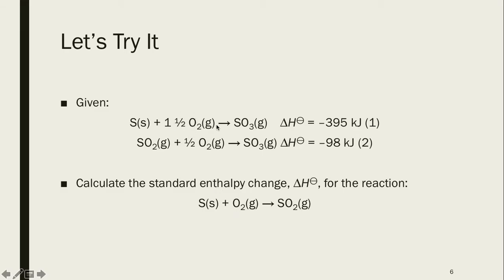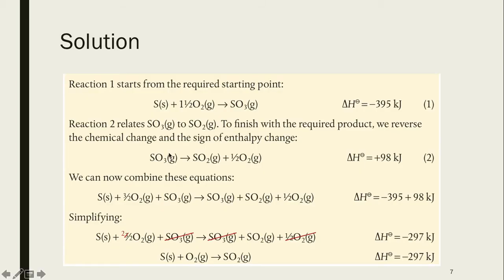We do not need to do anything with equation 1 for right now. We have 1s, 1s. We have 1.5 oxygens here and only 1 in our final answer, so we will have to take care of that. The other thing to consider is we have an SO3 in this equation 1, but it's not present in our answer. So let's go on.